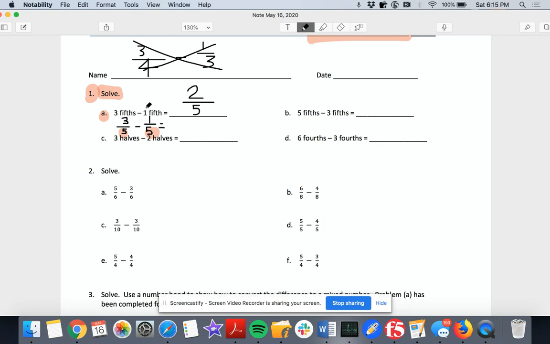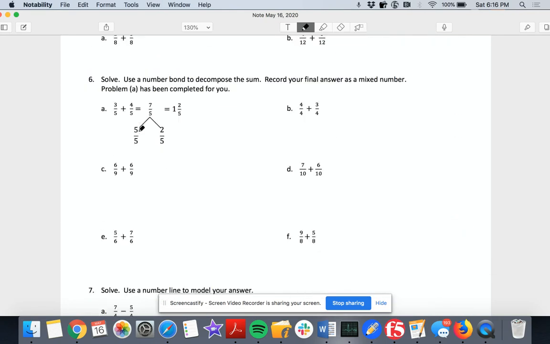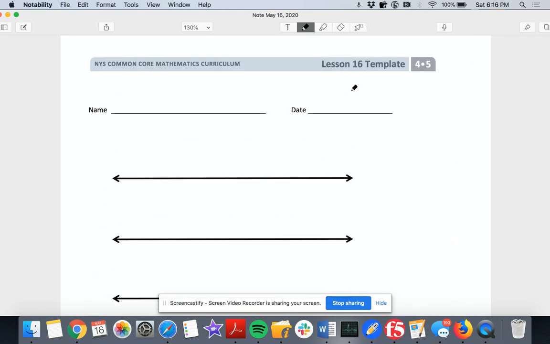Let's scroll down and I will show you how you would do this using a number line. We attached a lesson 16 template in your packet just to make it more clear and so you can have an extra piece of paper if need be. So my problem was 3/5 minus 1/5. And we're all familiar with this number line.